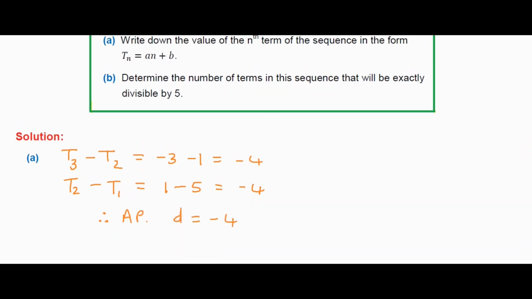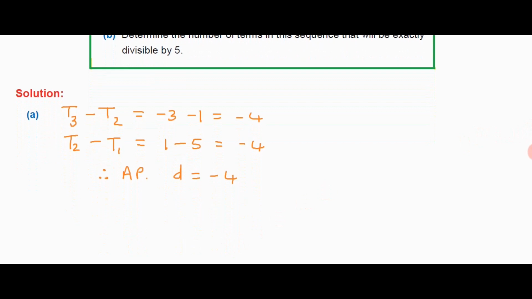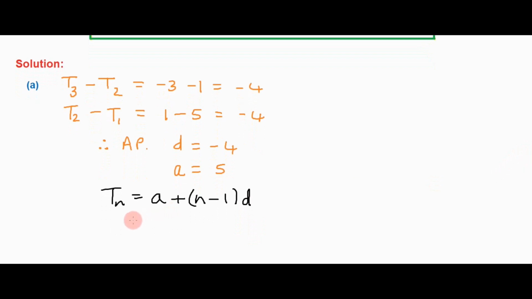Now, to go back to A, we have to write down the value of the nth term. This is another way of asking us to find the general term. To find the general term, we need the value of A and the value of D. We already have D, so we can write down A, the first term, and that of course is 5. Now we're going to use the formula T sub n equals A plus n minus 1 times D. We merely plug in the values of A and D. So A is 5, we keep n, and D is negative 4.